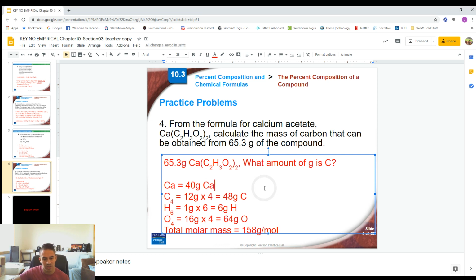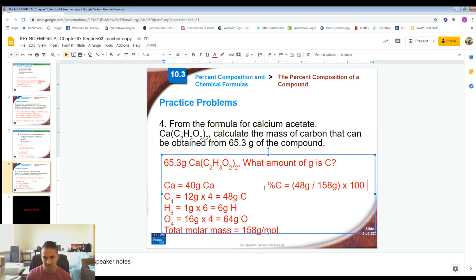All right, so now that we know the total, we can find what percentage of this is carbon by taking the mass of the carbon divided by the total mass times 100, and then we'll apply that percentage to the 65.3 grams to figure out how many grams of carbon are in just that sample. Okay, so we're going to take 48 grams for the carbon, divide by 158 grams for the whole thing, and then times 100 to get our percentage for the carbon here.